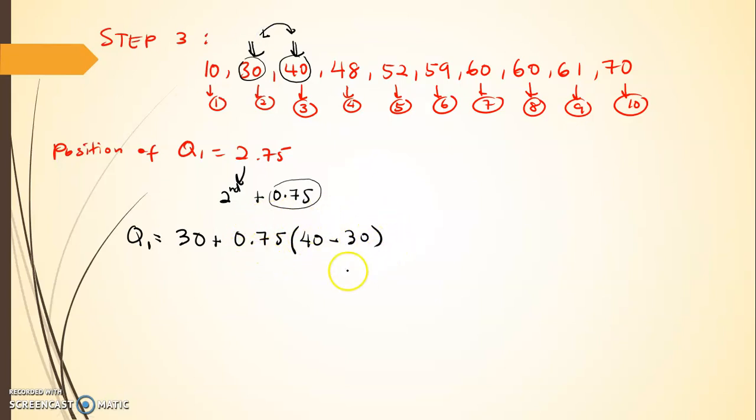So this is the value of Q1. Simplify your answer: 30 plus 0.75 times 10. So the value of Q1 is 37.5.